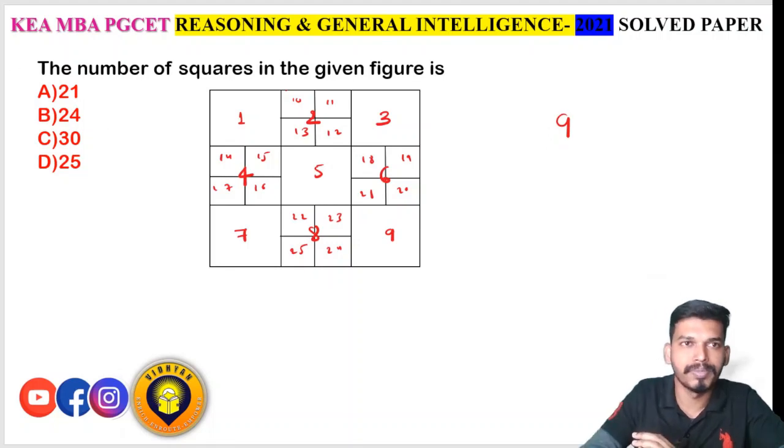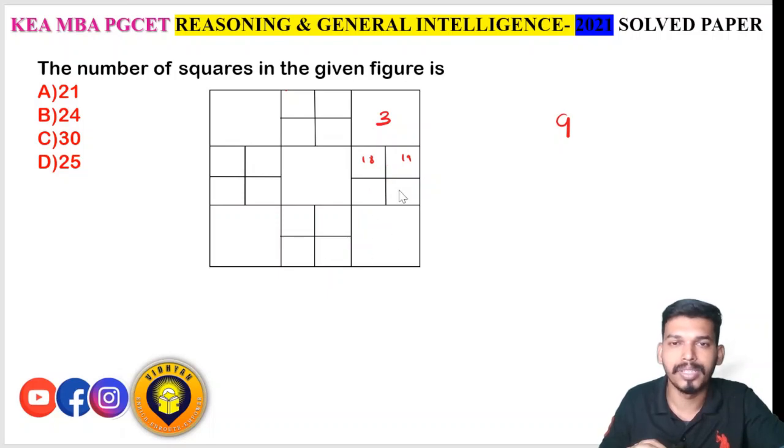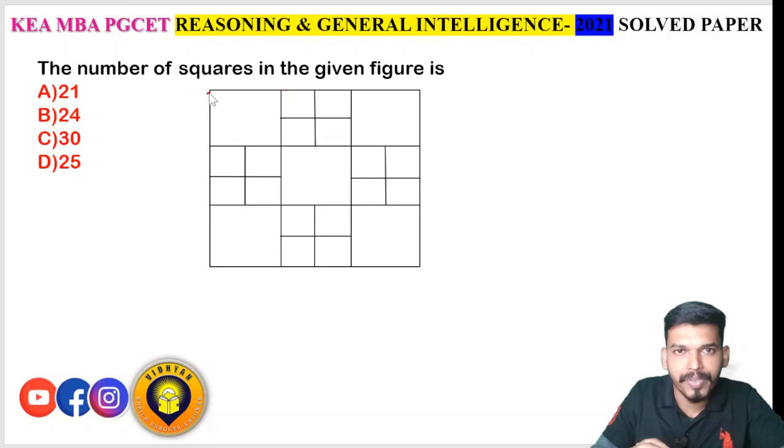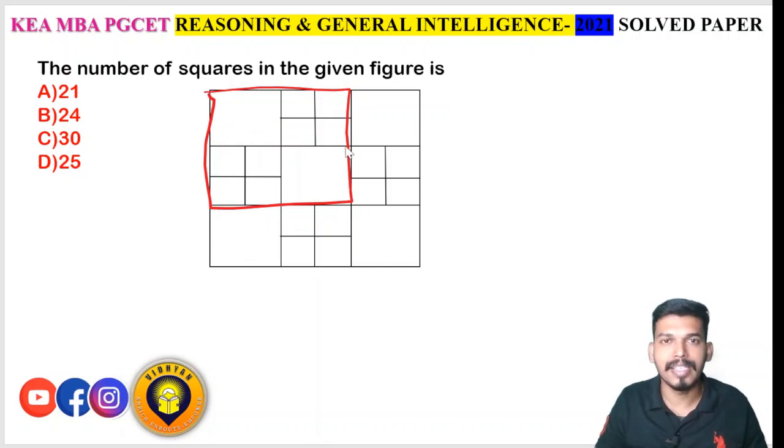25 done. Then which squares did you miss again? 25 options are there, but you know that there are some other squares also, right? Which are those after 25? So this is one big square. By joining 2 squares you can get one big square here, correct? So this becomes 26.